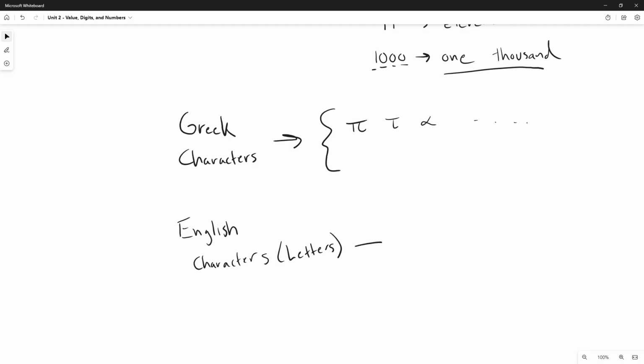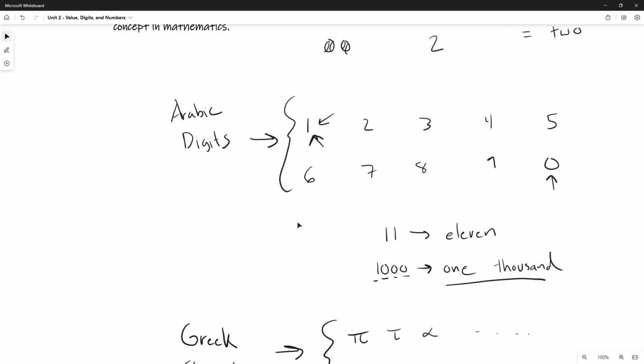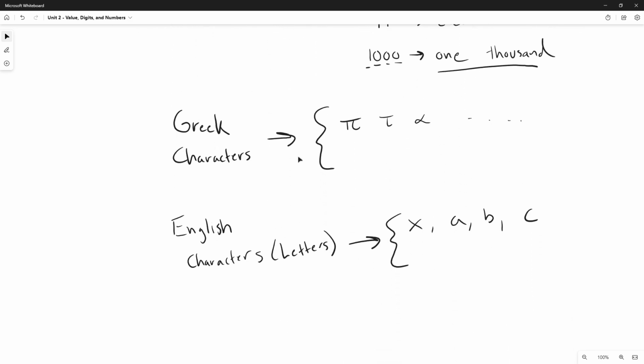We give them a value as well. Sometimes it's an unknown value. So things like X, A, B, C, we associate them with a value as well. It's not just these 10 here, the Arabic digits. There are other characters out there, different marks on a piece of paper that we give value.